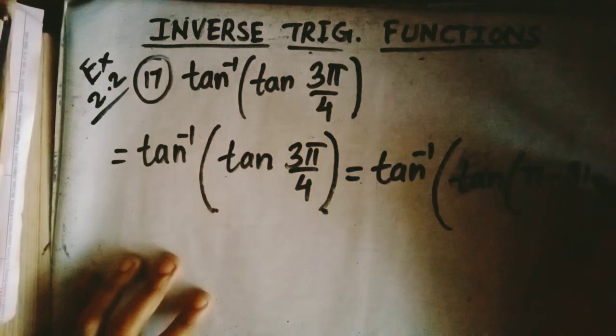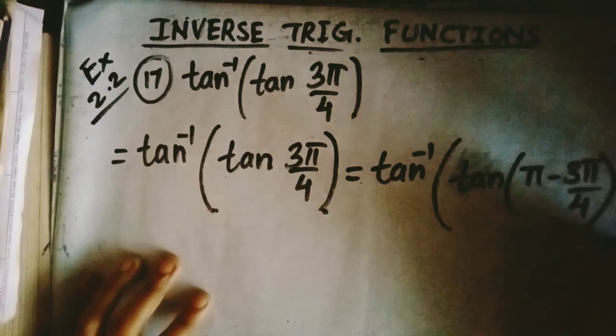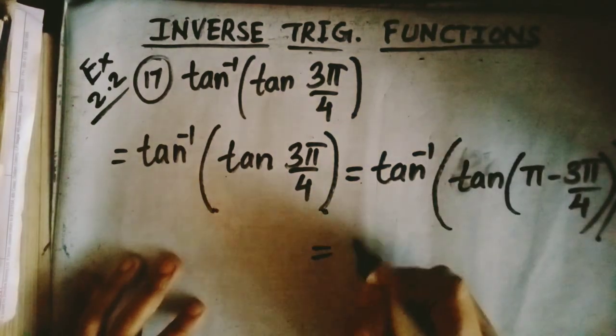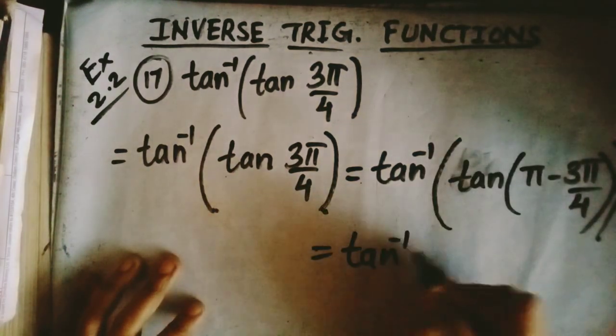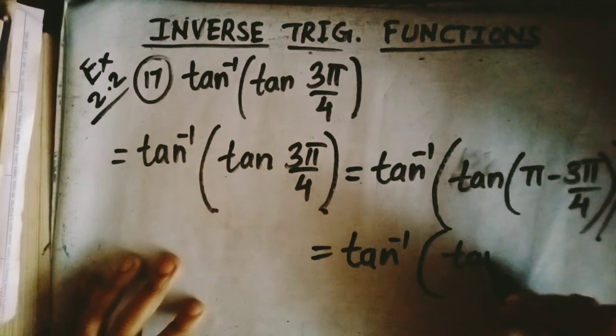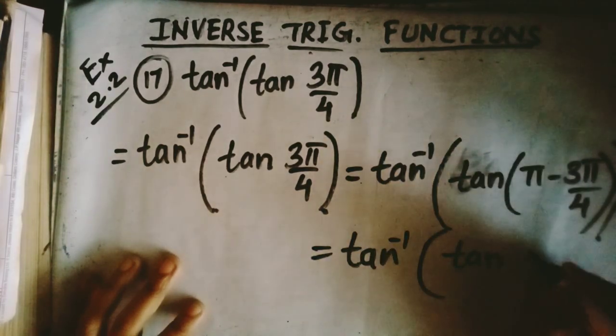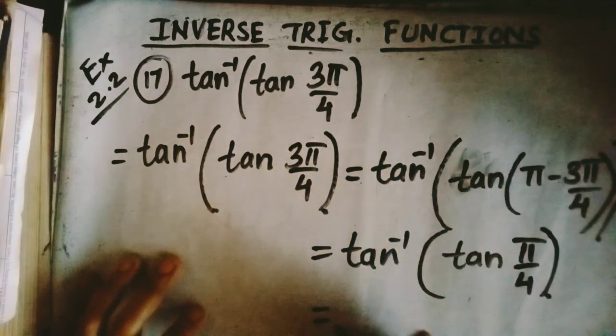Pi minus 3 pi by 4, so it will be tan inverse tan of 4 pi minus 3 pi, which is pi by 4.